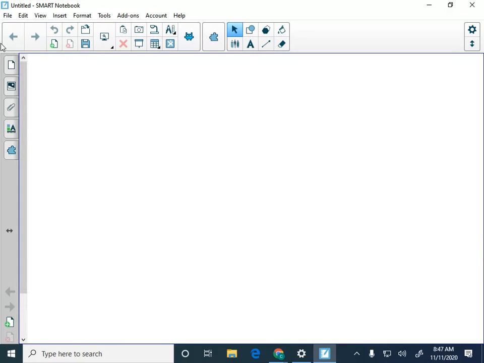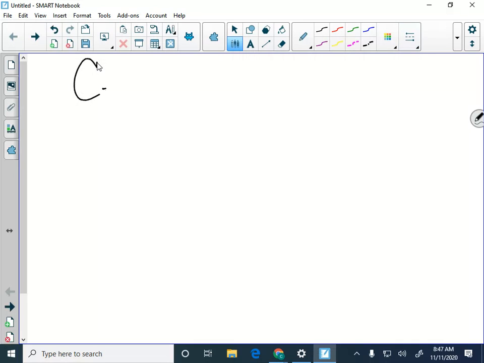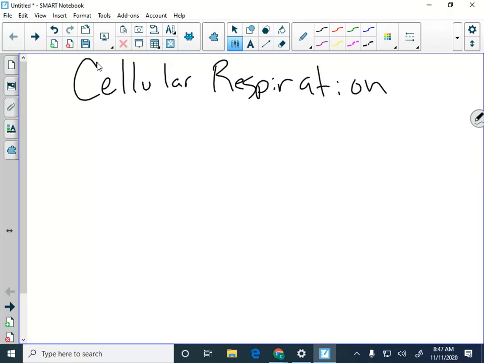So, today we are going to get into the nitty gritty process of cellular respiration. It's going to be kind of doodle heavy just because it's easier to visualize when we have pictures and we can count carbons.